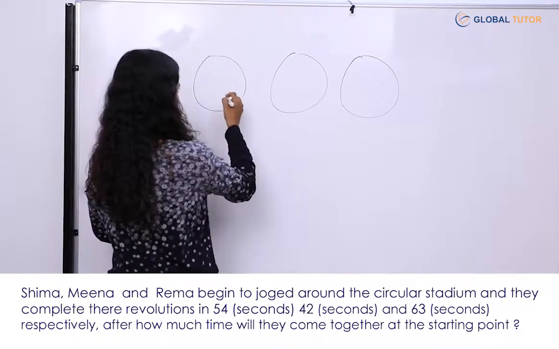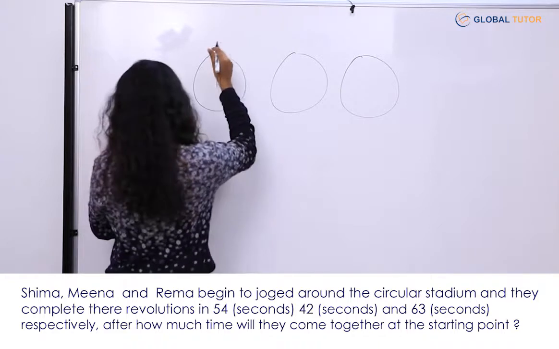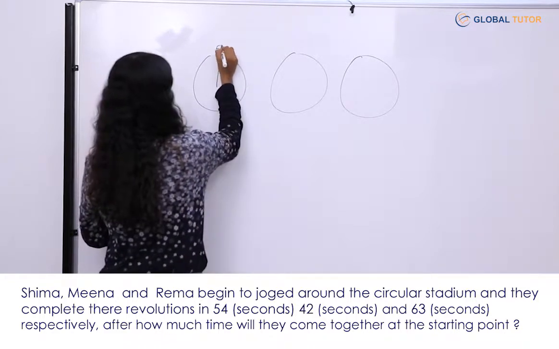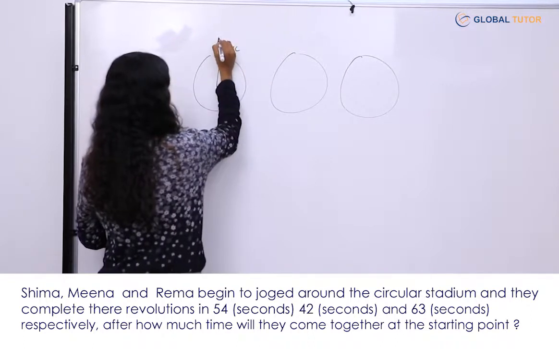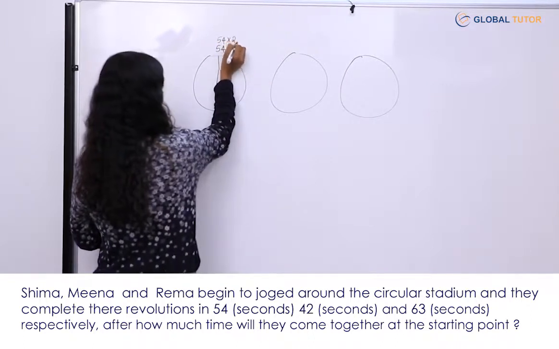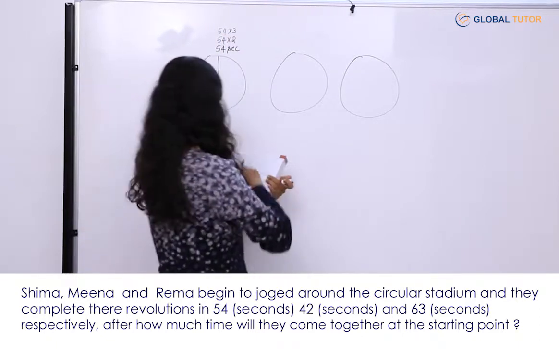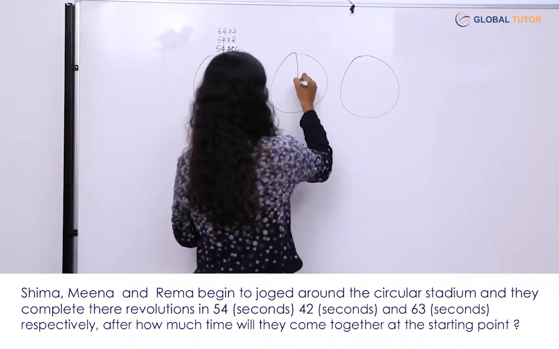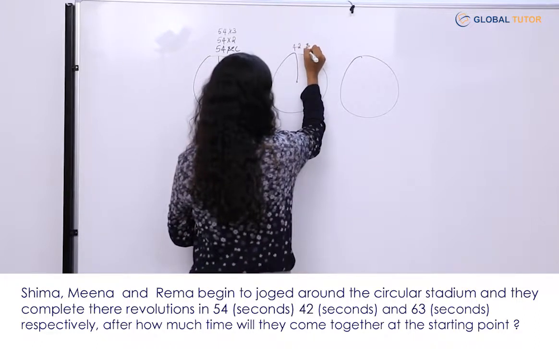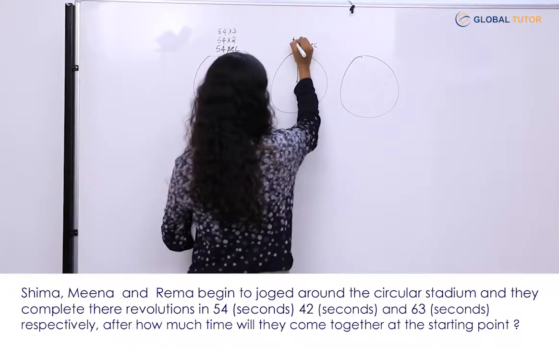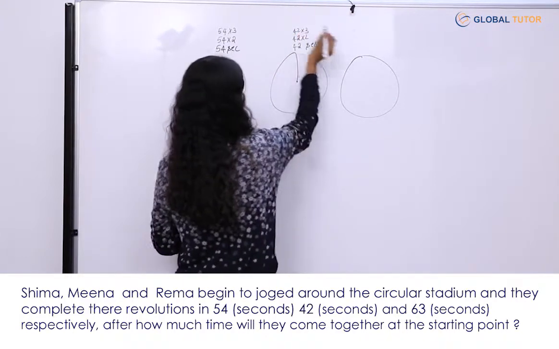Now the first girl completes her revolution at 54 seconds, right? So her second revolution will be 54 into 2 and then 54 into 3, right? The second girl completes her first revolution at 42 seconds. The second will be 42 into 2, 42 into 3 and so on.